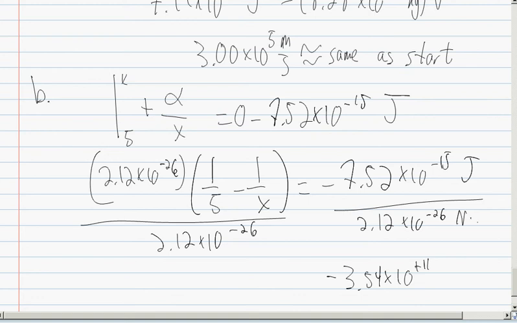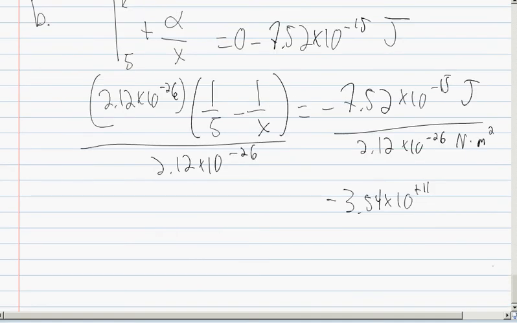And because this is Newton meters squared, we're going to end up with over meters. 1/5 minus 1 over x.